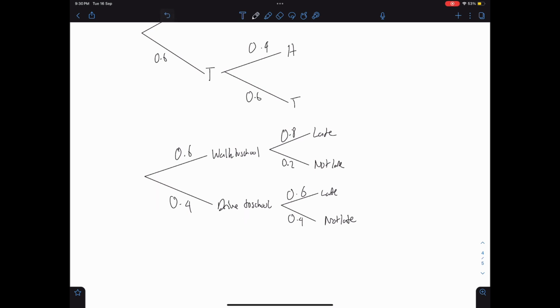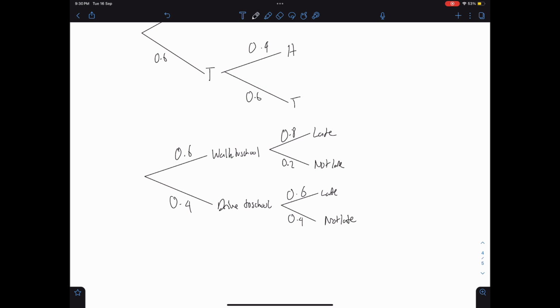And then obviously, as you know, on a tree you multiply the branches across, and that's why for independent events that multiplication rule will work. But because we've got not independent events, if you went and calculated the probability of being late, you'd have to do 0.6 times 0.8, and then add that to 0.4 times 0.4 to get the total probability of being not late.